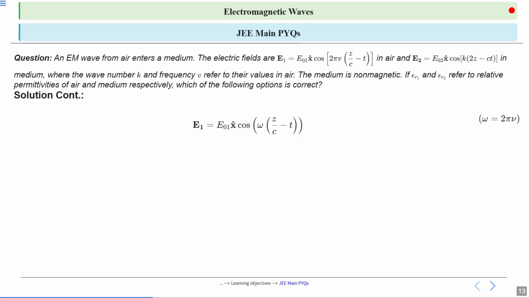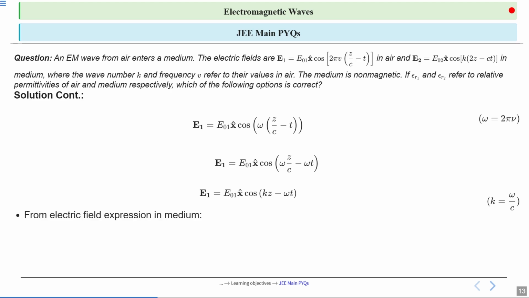Now multiply omega into the bracket, so it becomes omega z by c minus omega t. Now omega by k equal to c, so omega by c will be equal to k. So E1 equals E naught 1 x cap cos (kz minus omega t). So it returned to its standard form, which we have discussed in the theory section.